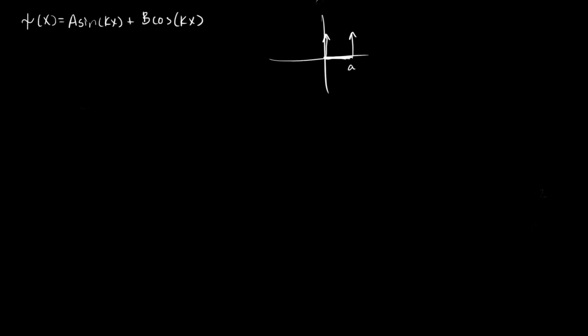That implies that at the boundary, at 0 and at a, psi of 0 is equal to 0, and psi of a is equal to 0. These are called our boundary conditions.